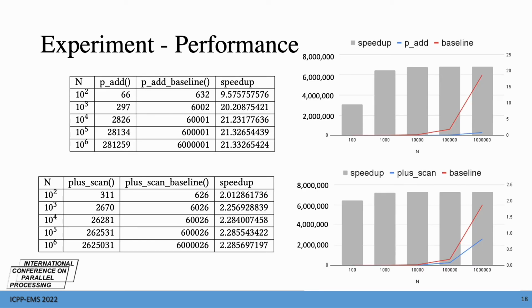Here is the experiment result. We compare the dynamic instruction count of p-add and plus scan instruction to their sequential implementation. The p-add can achieve 21 times speedup, while the scan can achieve 2 times speedup. Since the scan instructions have more dependencies between elements, they didn't parallelize as well as element-wise instructions.